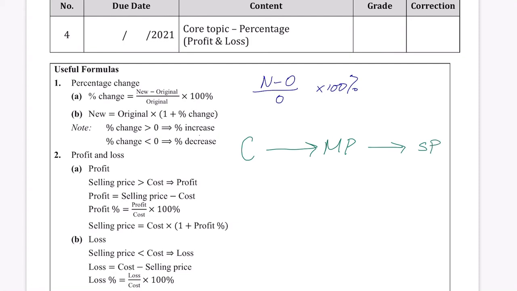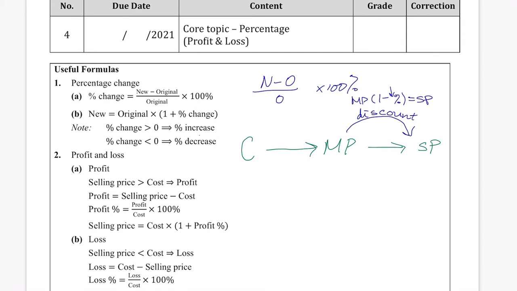Before you start doing the paper for percentages, please write this relationship. Do you know the relation between market price and selling price? Yep, it's discount. So you write market price times 1 minus the discount percentage equals the selling price. Remember the formulas, okay?